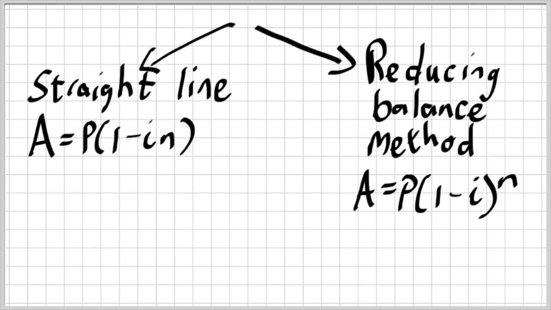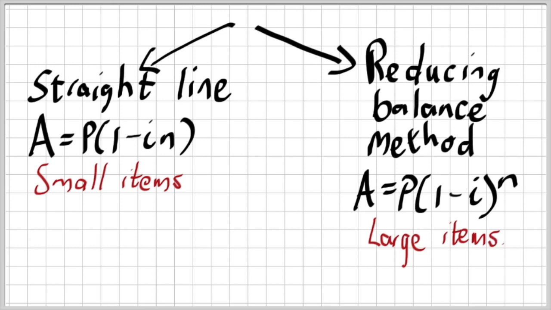And that is the basics behind it. Interestingly enough, straight line method is more with smaller items like PCs or desks or furniture, while reducing balance method is for larger items that I want to last for a longer time in my business.